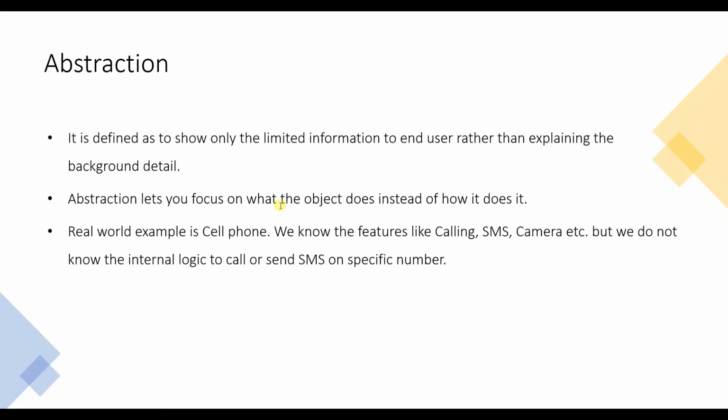Abstraction lets you focus on what the object does instead of how it does it. A real world example is the cell phone. We know the features like calling, SMS, camera, etc. But we do not know the internal logic of how the call is made or how an SMS is sent to a specific number.